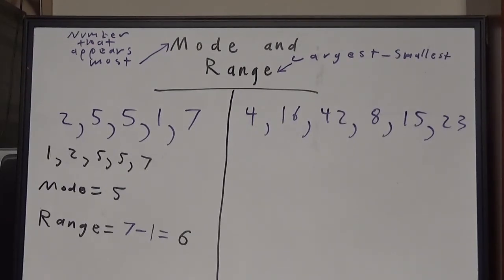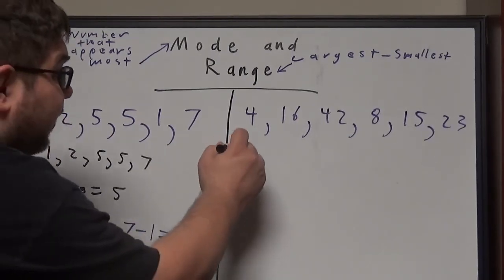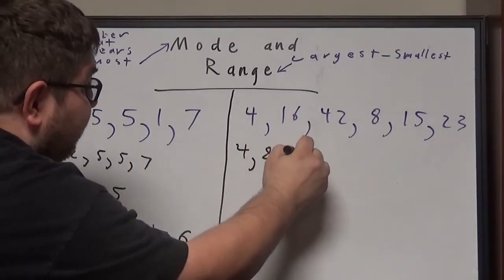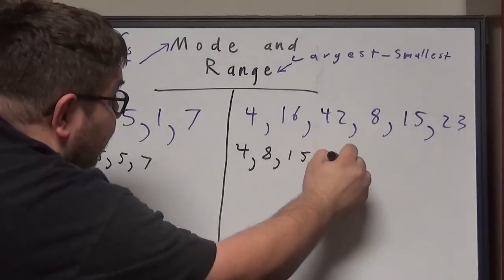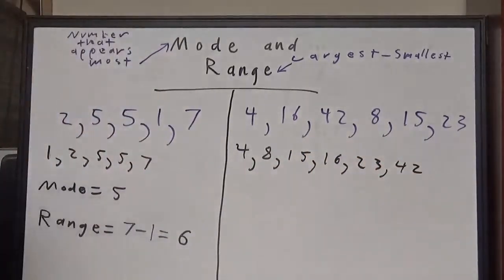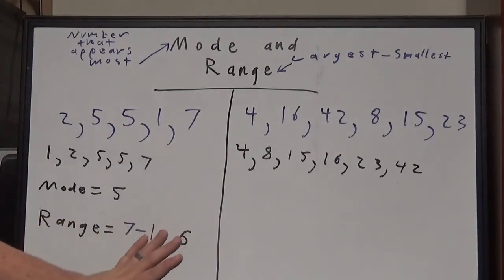Now for the second data set, I'm going to start by putting it in order. I have 4, 16, 42, 8, 15, 23. Putting it in order: 4, 8, 15, 16, 23, 42. Well, what's the mode in this problem?